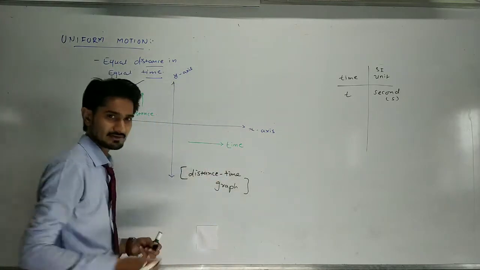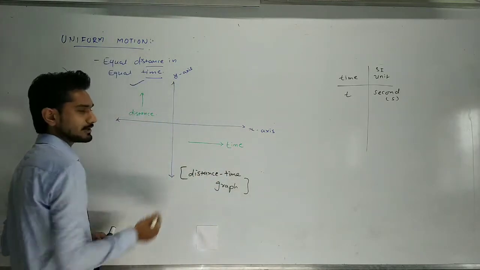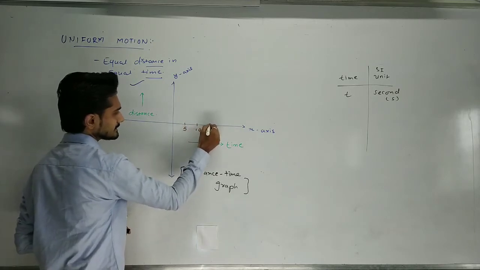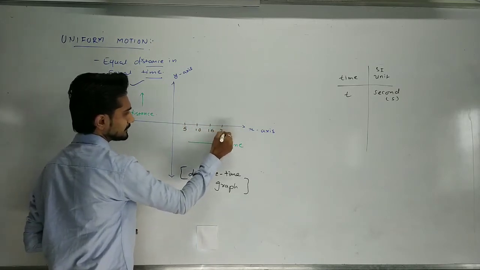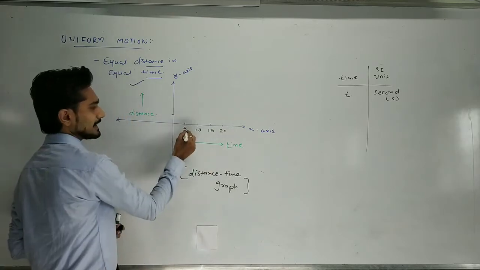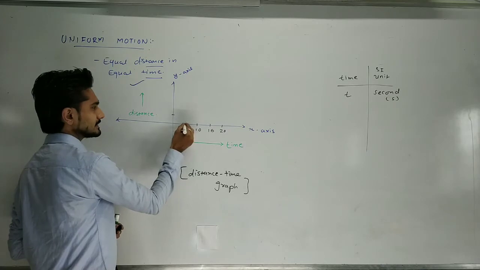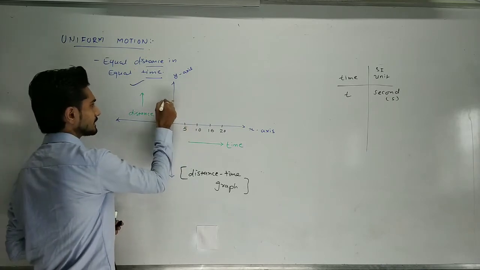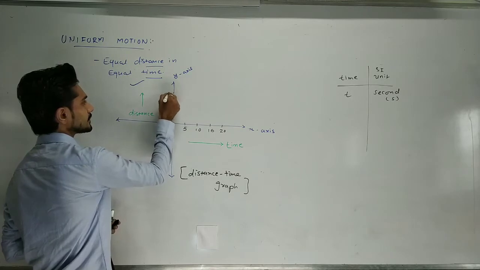We know that from the previous lecture. Now I am putting the time values: 5 seconds, 10 seconds, 15 seconds, or 20 seconds. And here I am writing the distance: 5, 10, 15, 20.